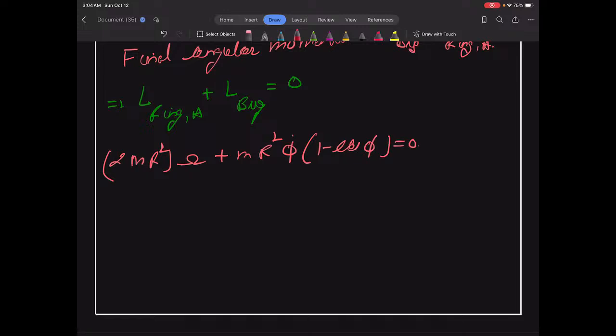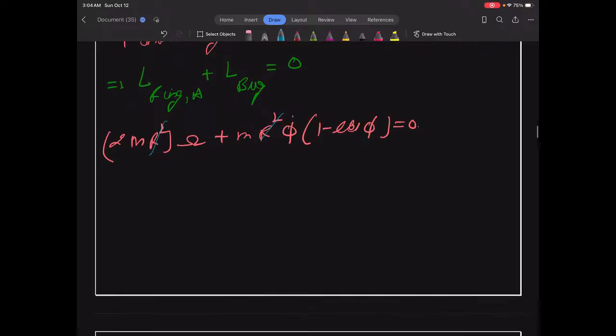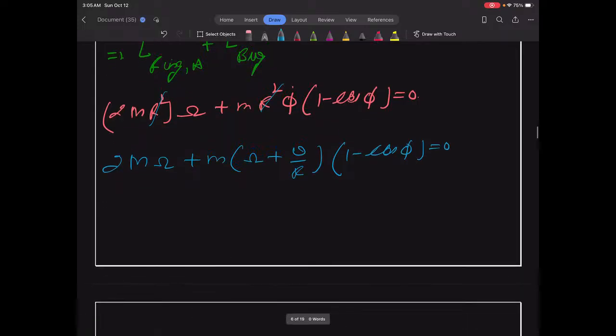And obviously this r square cannot be equal to 0, so you can just remove this, and from this we get 2m omega plus m, and this phi dot is our omega plus v upon r, and 1 minus cos of phi is equal to 0. We are going to solve it for omega because we are only interested in this omega.